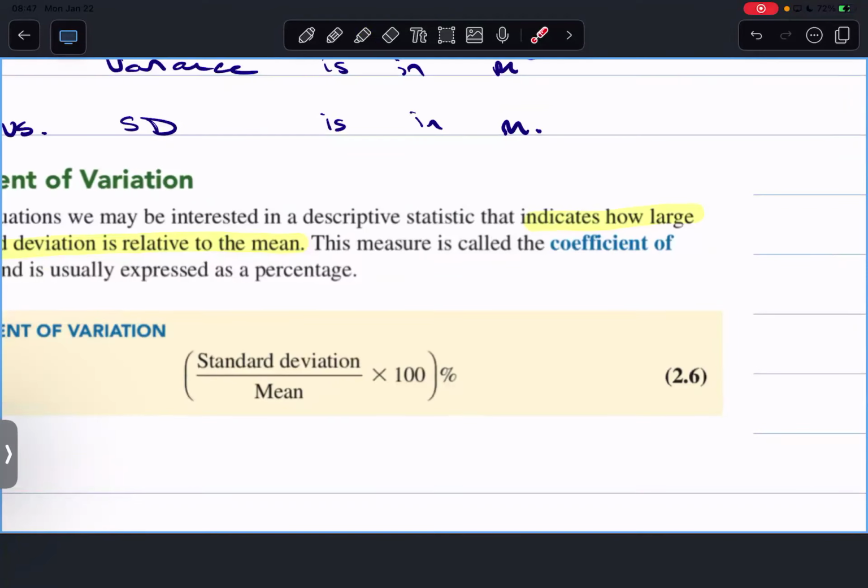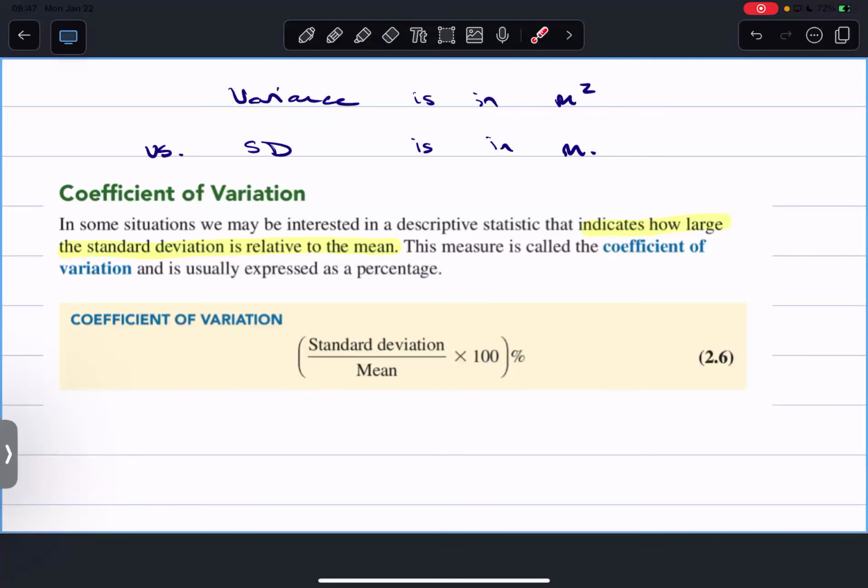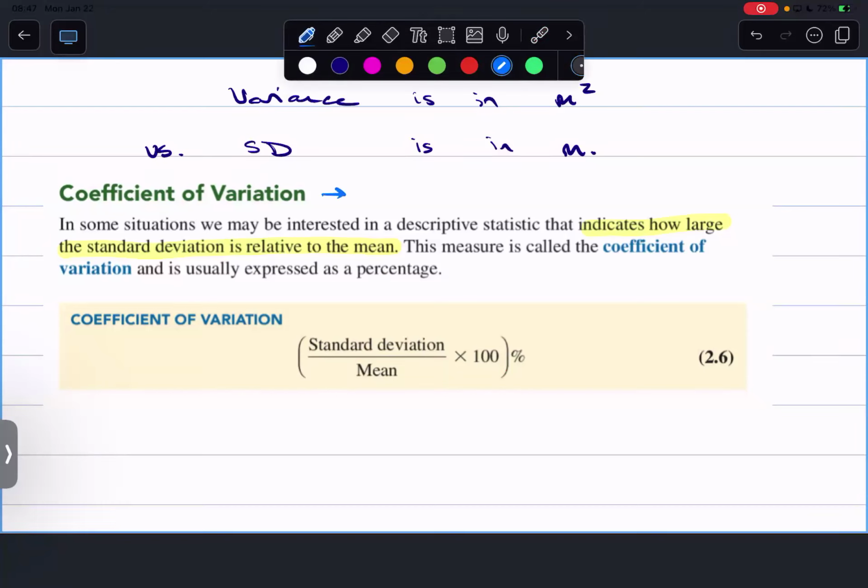I only introduce it because the calculation is relatively simple: you take the standard deviation divided by the mean, and it's reported as a percentage. But we won't be using it much.